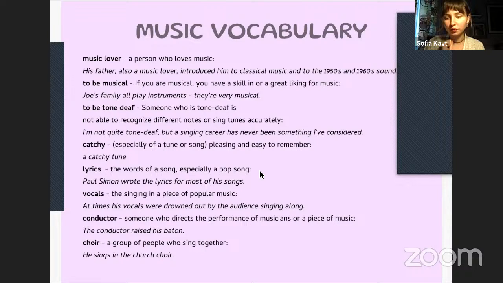It's a group of people who sing together. For example, in church choirs and some others, maybe in university choirs. And this one mustn't be confused with the word chorus. Yes, although in Russian it sounds more like chorus, chor, right? In English it is a choir, so that's very different.